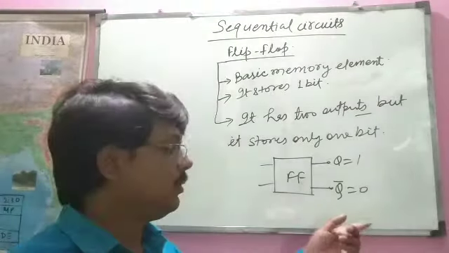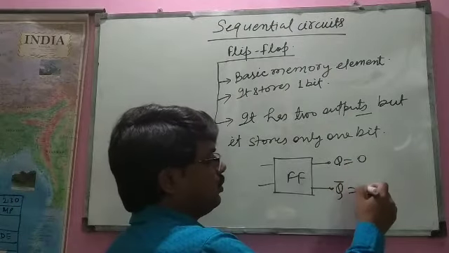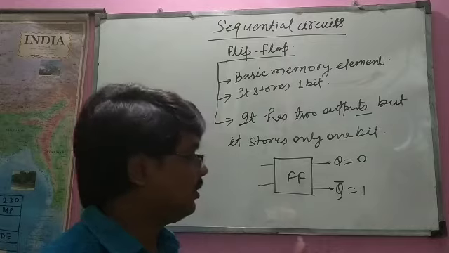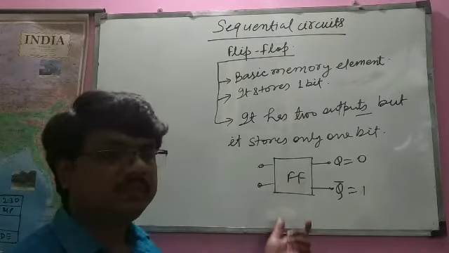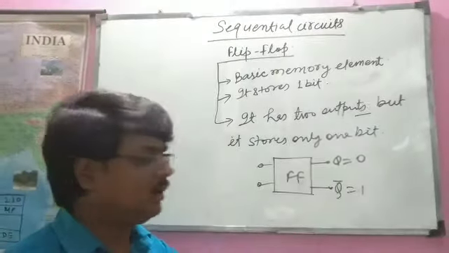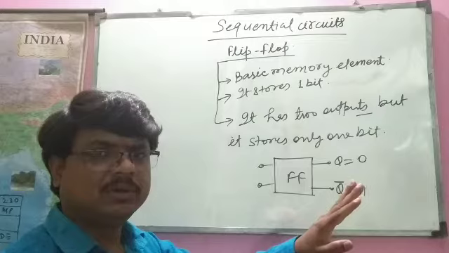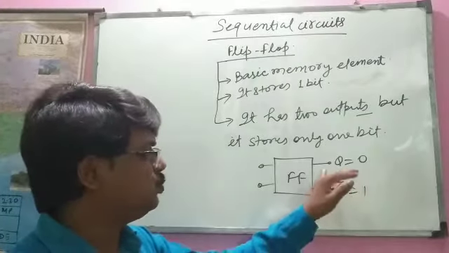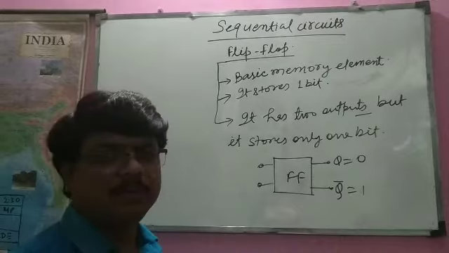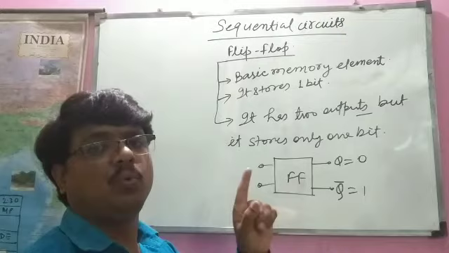And if it stores 0, then Q will be 0, so Q bar will be 1. So it is a very simple case that it stores only 1 bit. Q bar is the complement of Q. It is not storing 2 bits, so do not get confused by the two outputs. Remember, it stores only 1 bit.